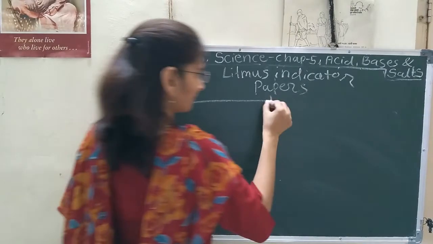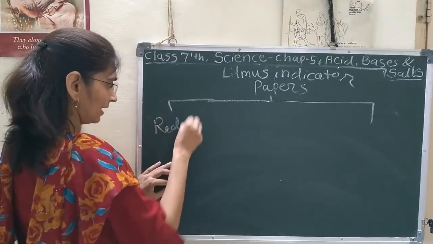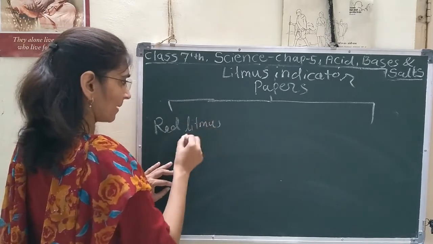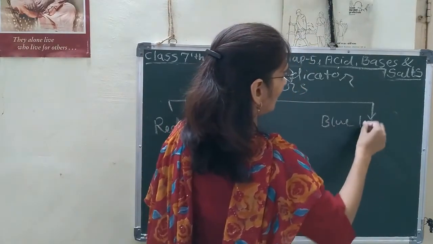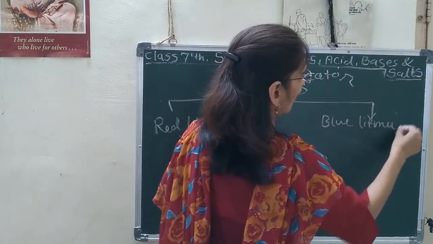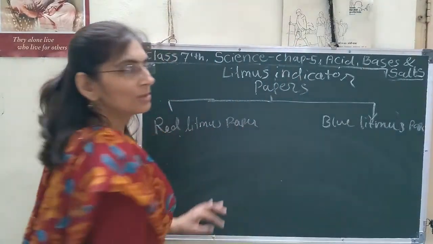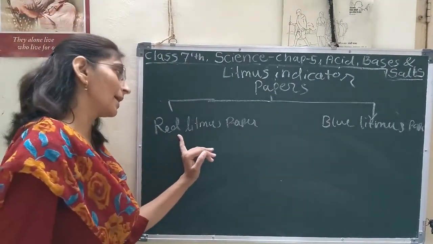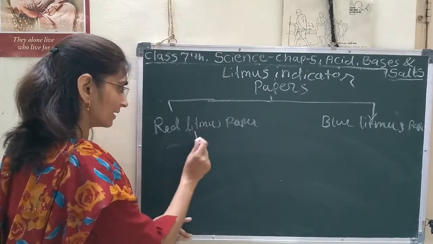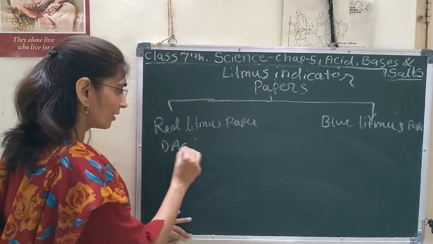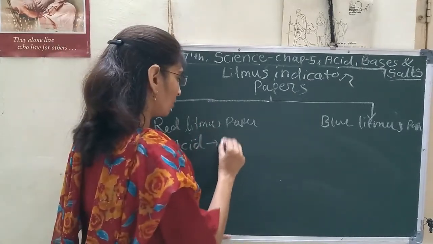So one is red litmus paper, and another is blue litmus paper. So we will see about red litmus paper at first. So red litmus paper, when it reacts with acid, what will happen? There will be no change in color.